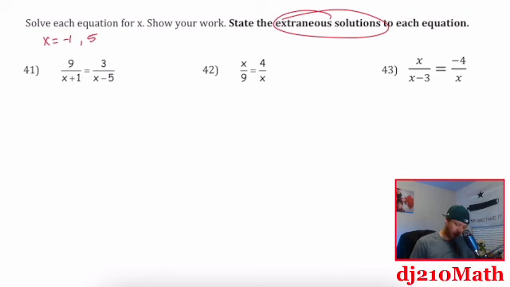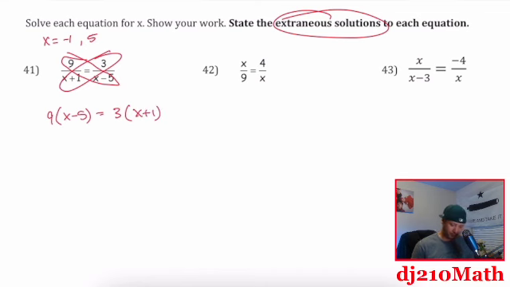Okay, so solving for this, cross multiply and divide. That's probably the best way. So we have 9 times x minus 5 is equal to 3 times x plus 1. Distribute: 9x minus 45. Distribute: 3x plus 3.